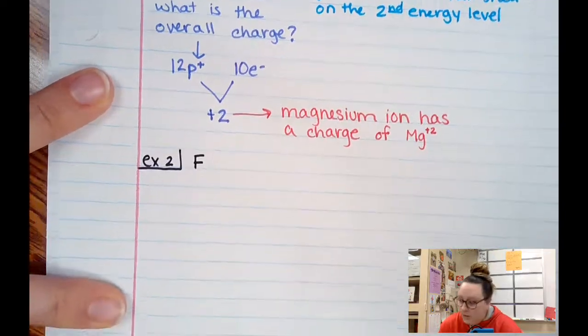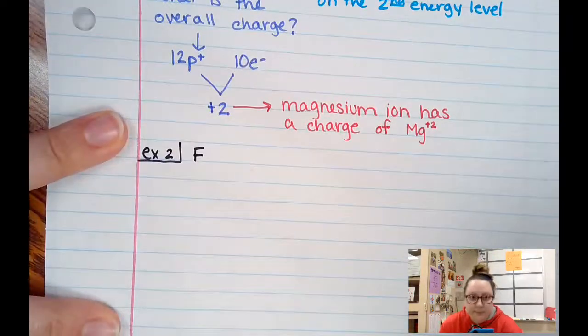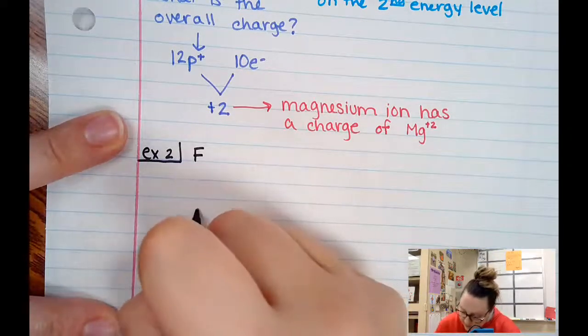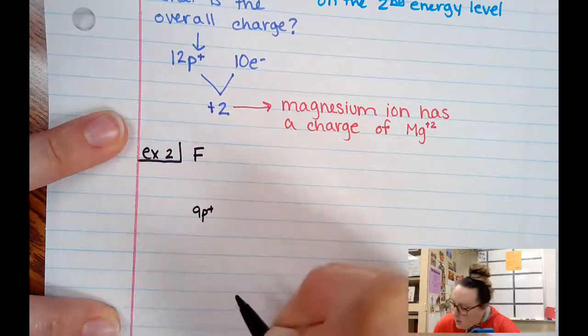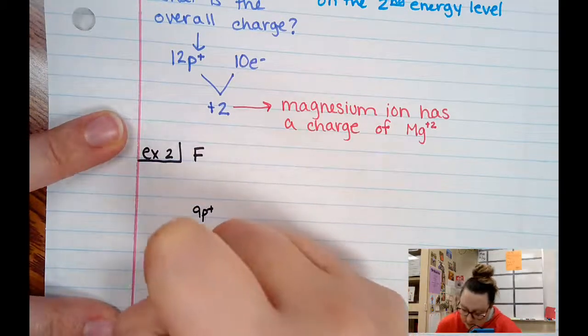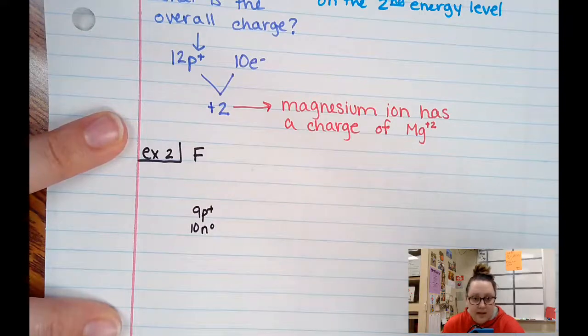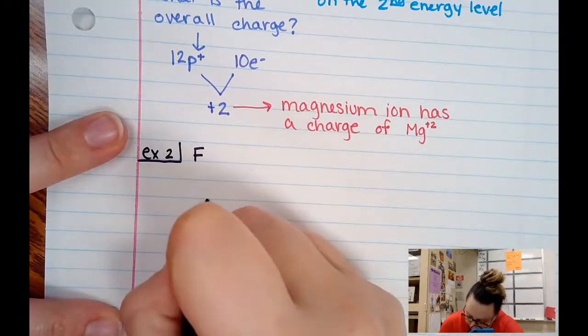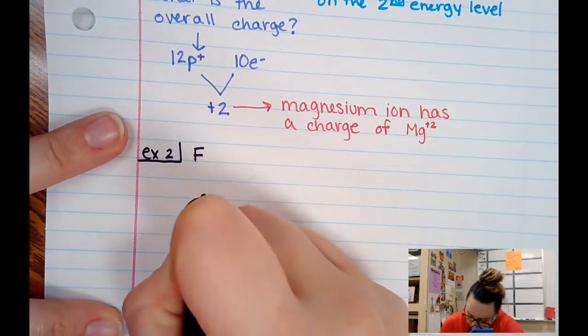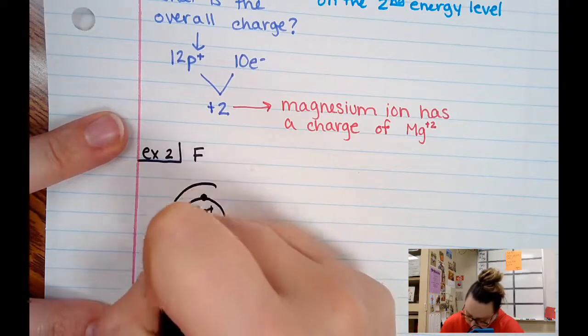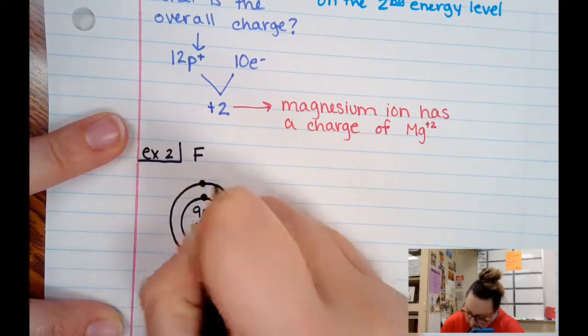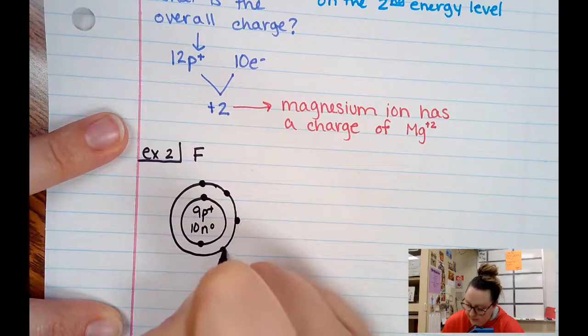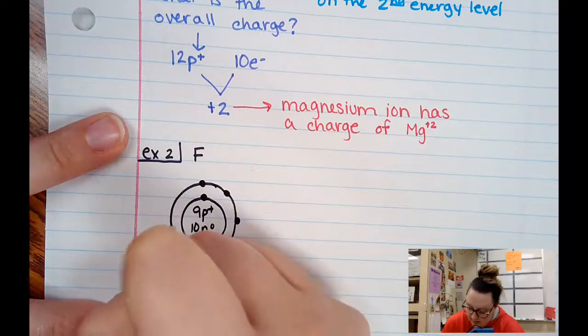So we're going to do the Bohr model. Fluorine has atomic number 9. I'll give 10 neutrons and 9 electrons. 1, 2, 3, 4, 5, 6, 7, 8, 9.